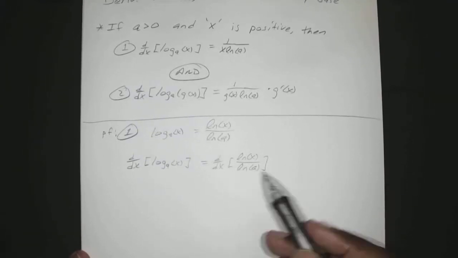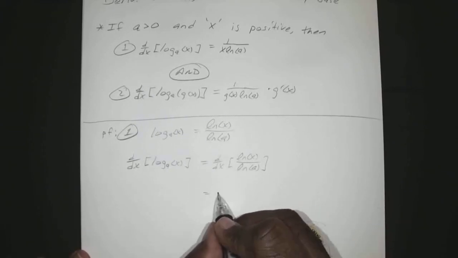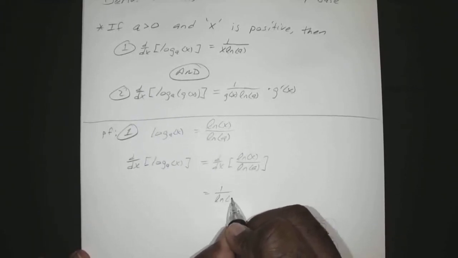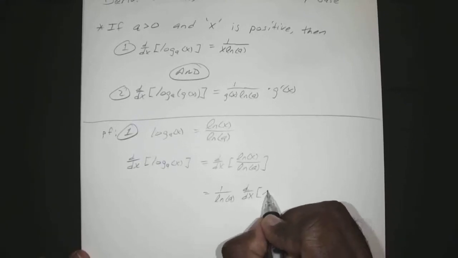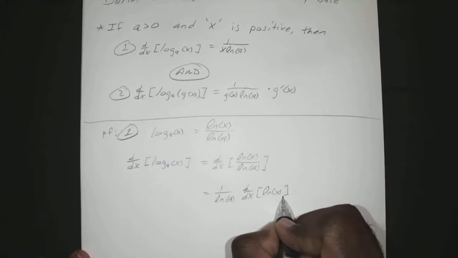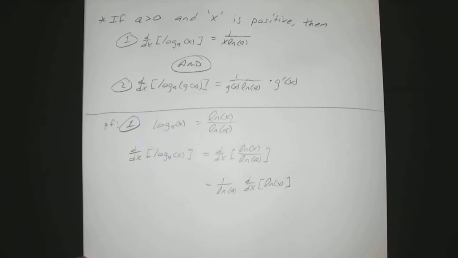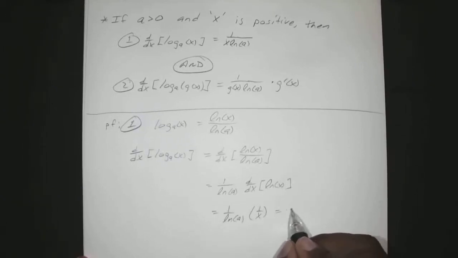Natural log of a is just a constant, so we can factor that out, times the derivative of natural log of x. We've already figured out that's 1 over x. So that's 1 over natural log of a times 1 over x, which is just 1 over x natural log of a.